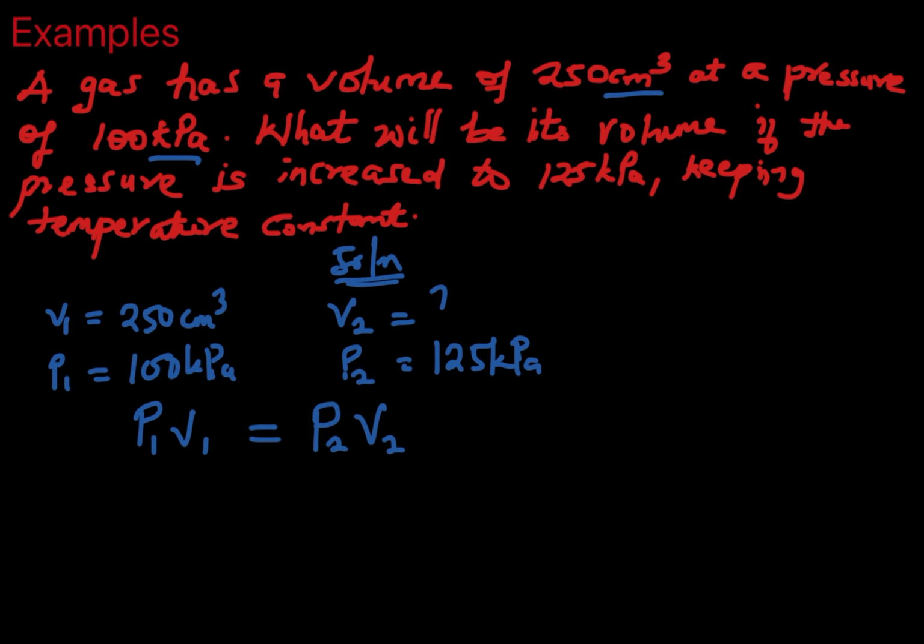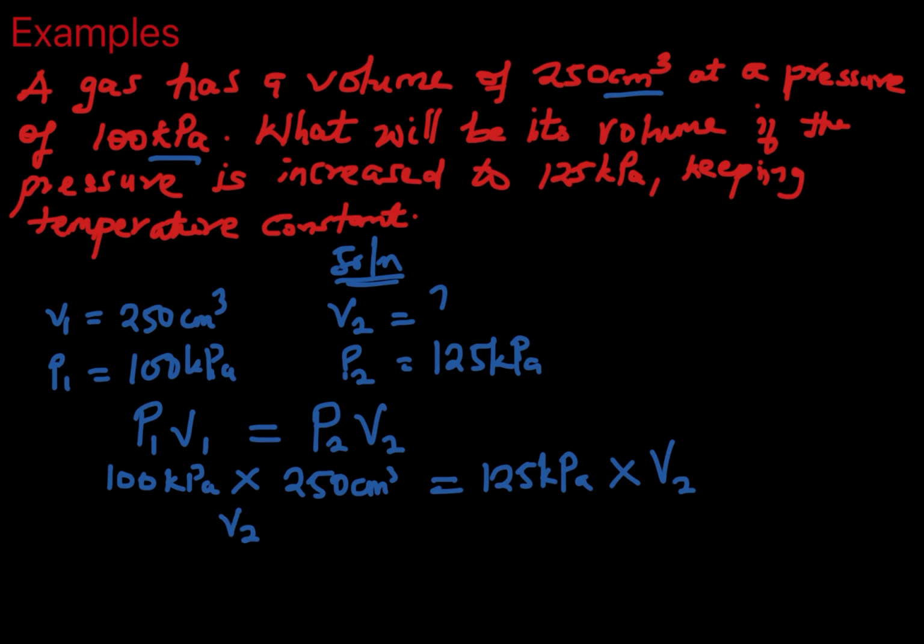We will have 100 kPa times 250 cm³ equal to 125 kPa times V2, and so 100 kPa times 250 equals 125 kPa times V2.